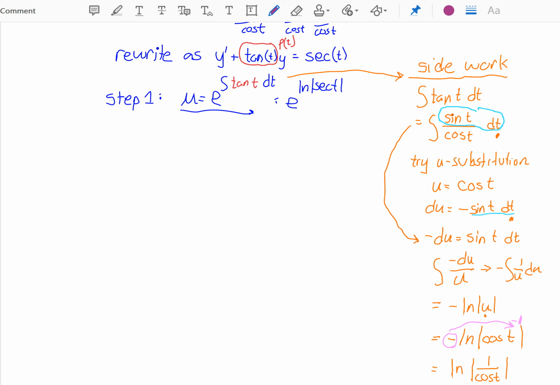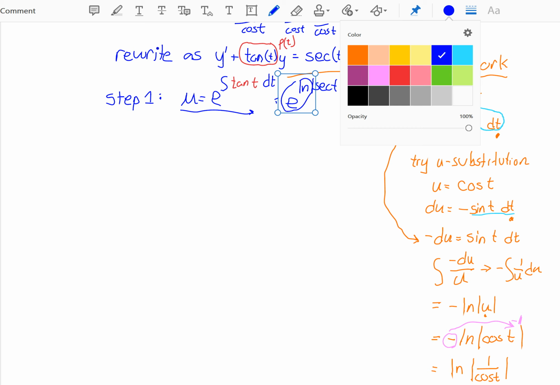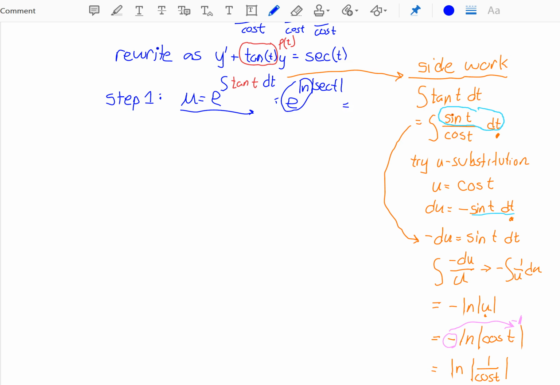Again, using the fact that exponentials and logarithms are inverses, these would cancel, and we just get secant of t. Notice that I've dropped the absolute value. Now, I'm only dropping the absolute value here because I can make an algebraic argument that the absolute value is not necessary in our next step.